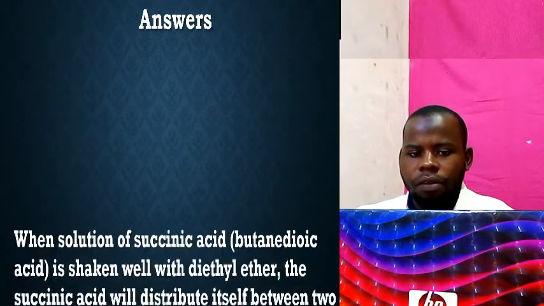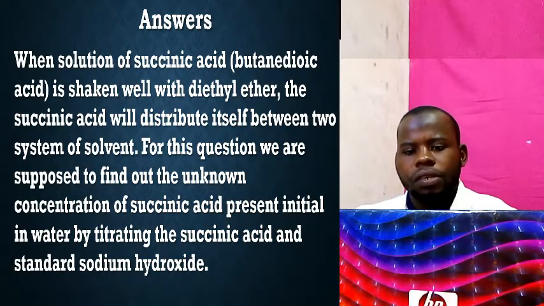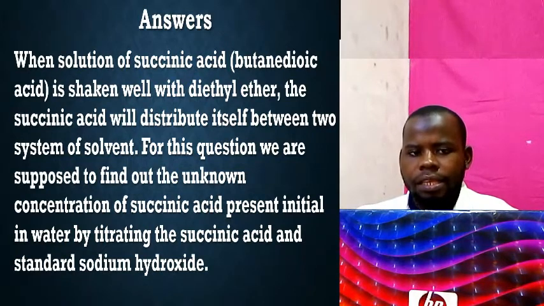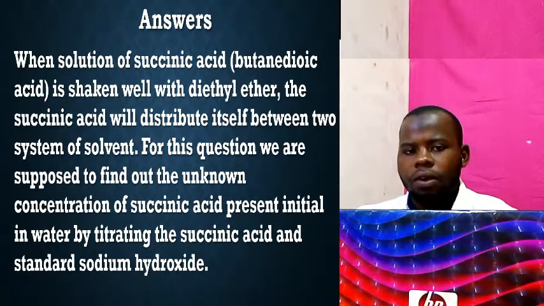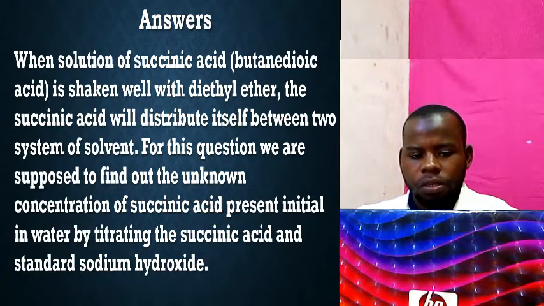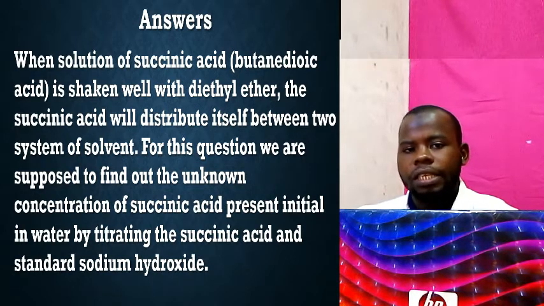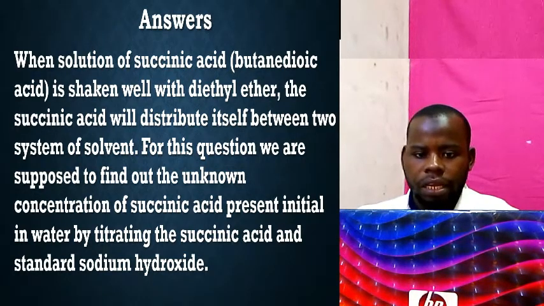Let's proceed with how these questions have been solved. We can understand this. When a solution of succinic acid is shaken well with diethyl ether, the succinic acid will distribute itself between the two solvent systems. So for this question, we are supposed to find the unknown initial concentration of succinic acid in water by titrating succinic acid with the standard sodium hydroxide.